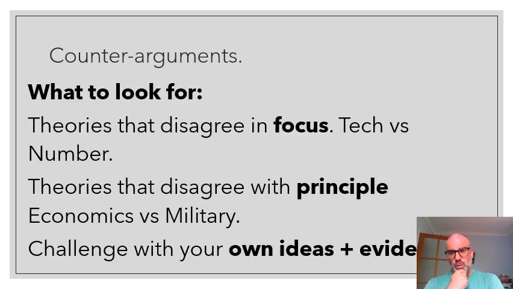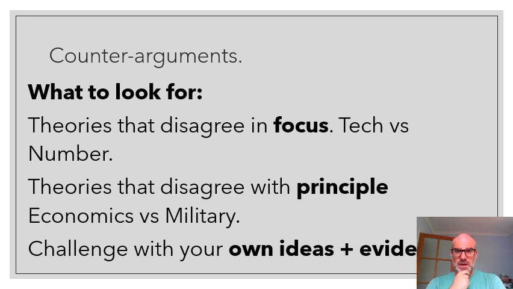So another thing that you absolutely have to do is to have counter arguments. What makes a counter argument? That's certainly something that's worth thinking about. Some are pretty obvious, but maybe it's worth thinking about some of these types of counter argument.